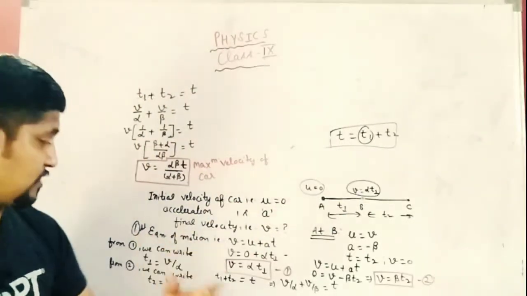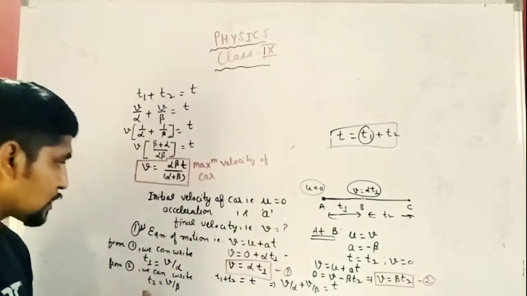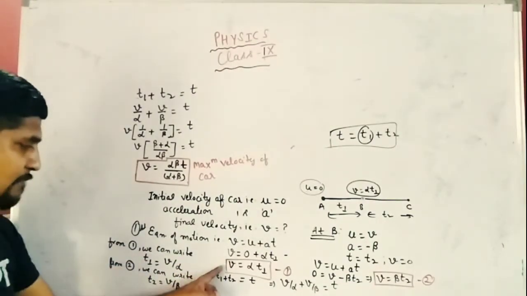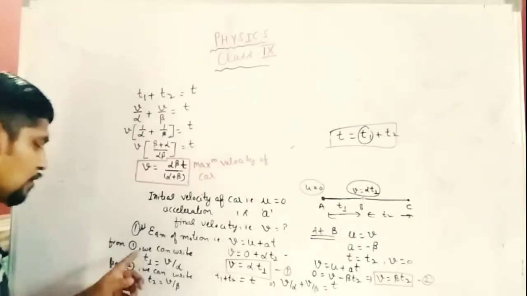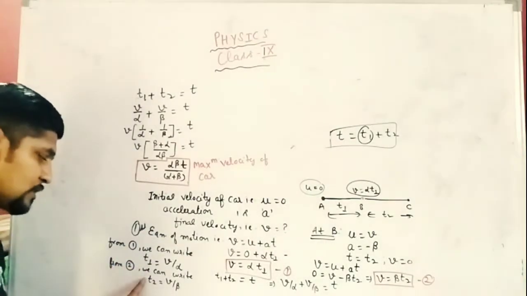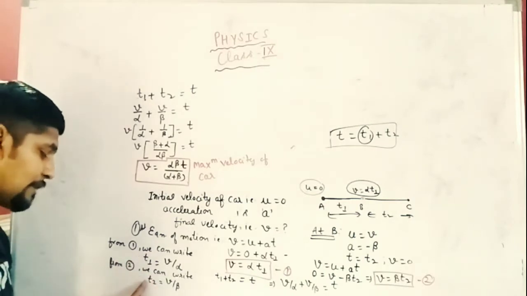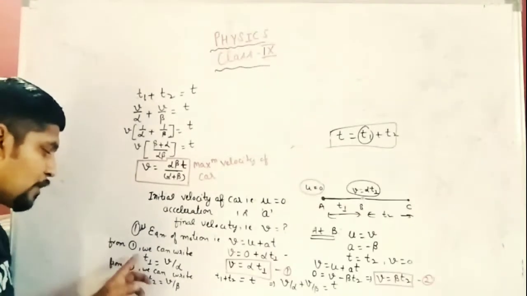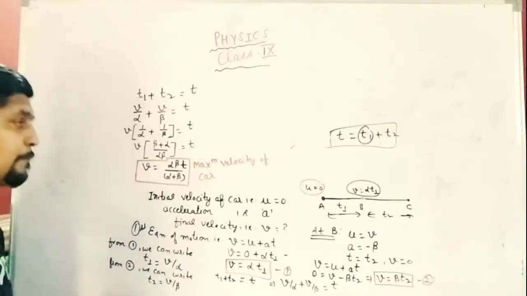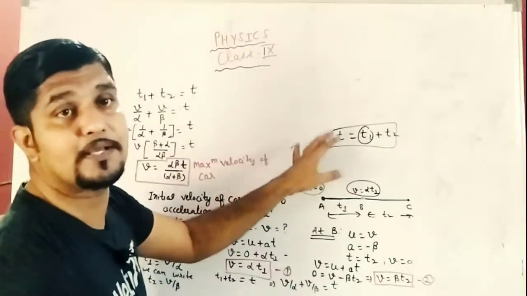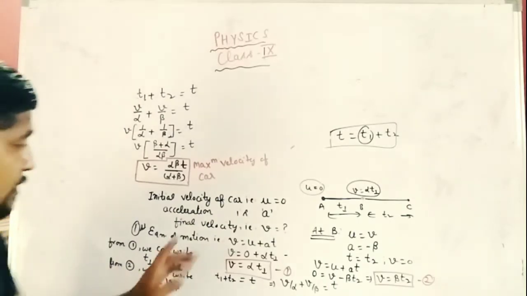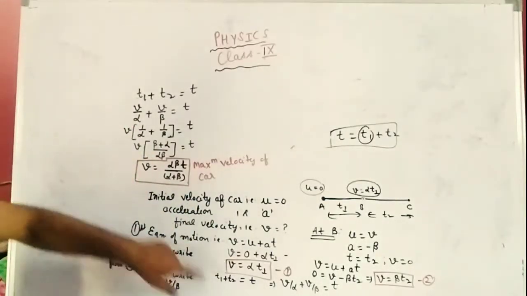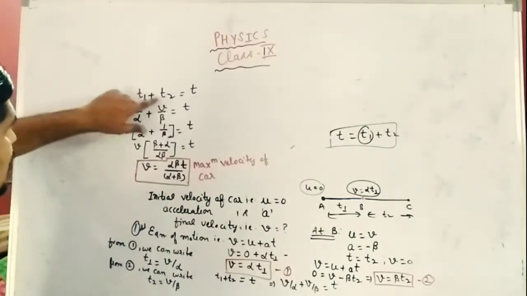So we will find the total time. t1 will be v by alpha from the first equation, t2 is equal to v by beta from the second equation. Then we add t1 plus t2. We add both the timings because these two timings added up will give the total time elapsed, T, which is given in the statement. So t1 plus t2 is equal to T.